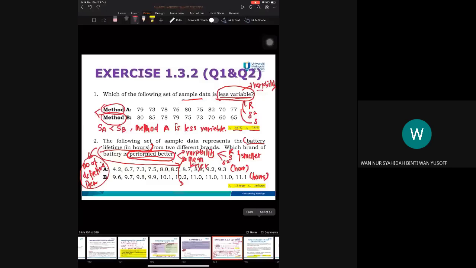That production line performs better if the number of defective items is smaller or decreases. So the mean that we need should be smaller. So the variable influences how the value should be in order to know which battery performs better. Okay, any question?